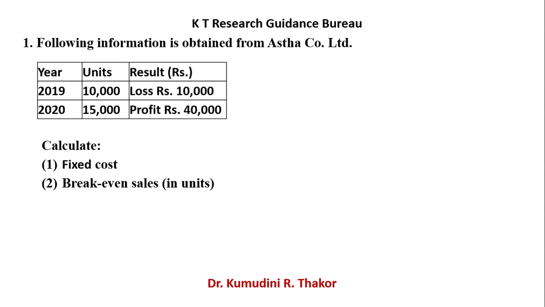Let's try to understand. PV ratio is equal to change in profit by change in sales into 100. As I told you, first year there was a loss and next year the company enjoyed a profit of 40,000.